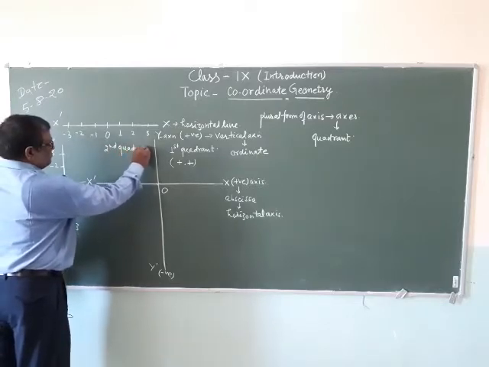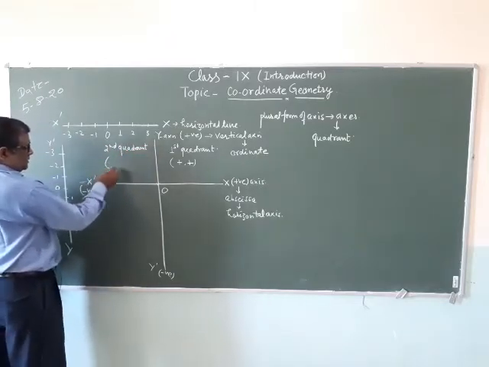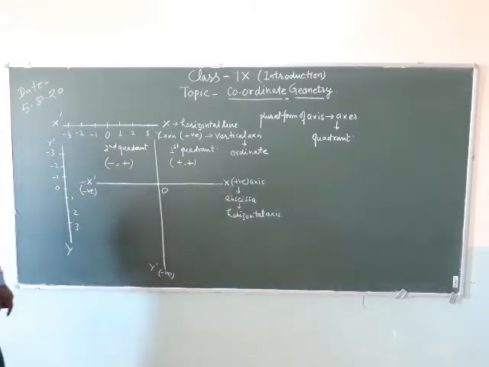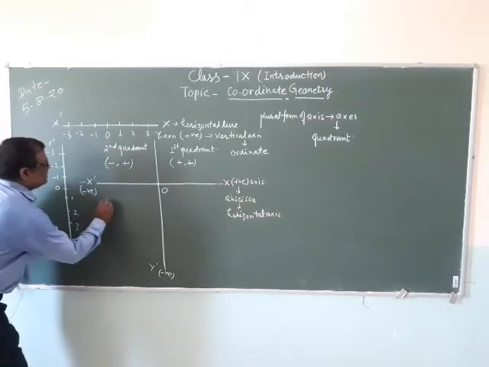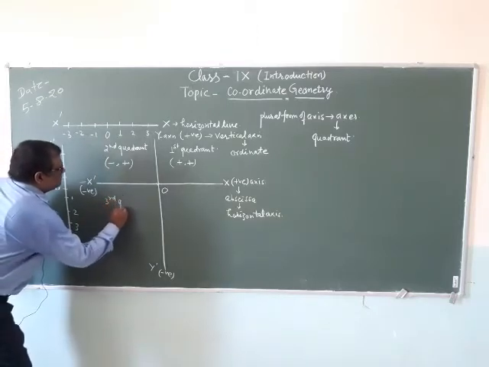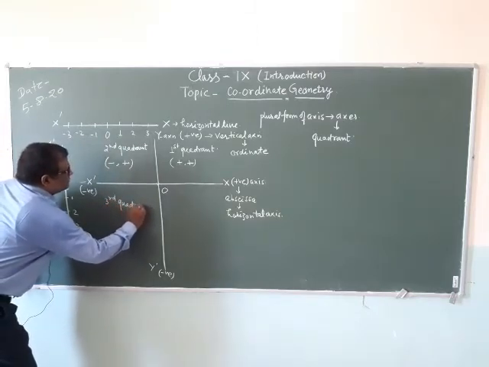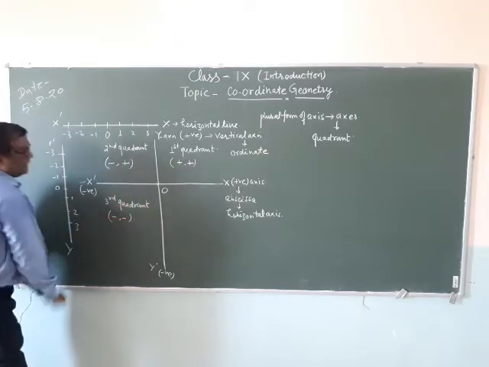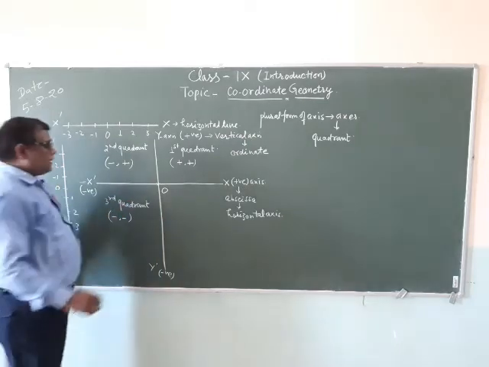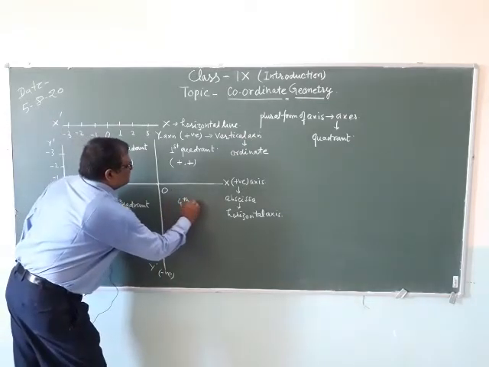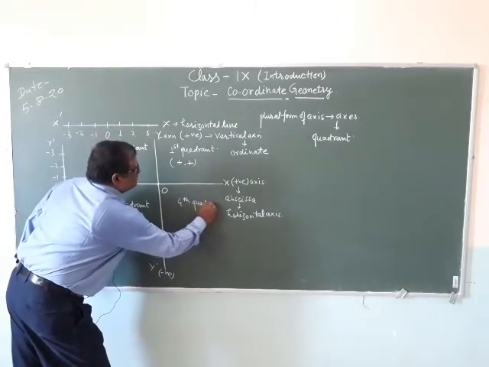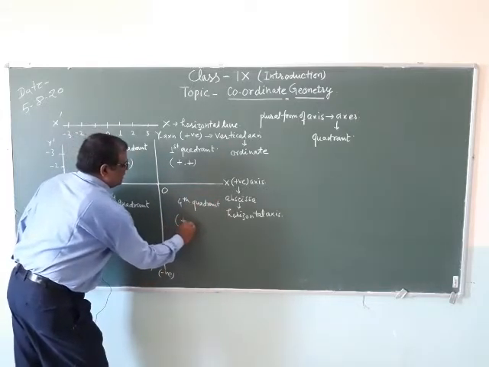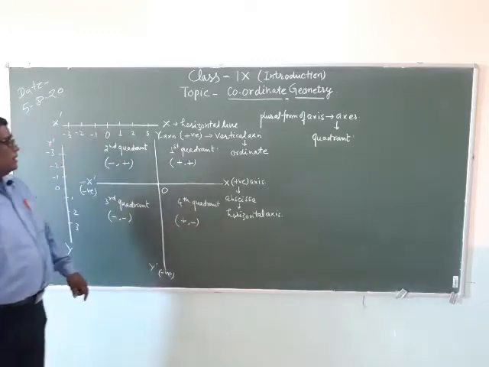Now here x is minus, y is minus, this one is third quadrant, that is both are negative, and in fourth quadrant x is positive and y is negative.